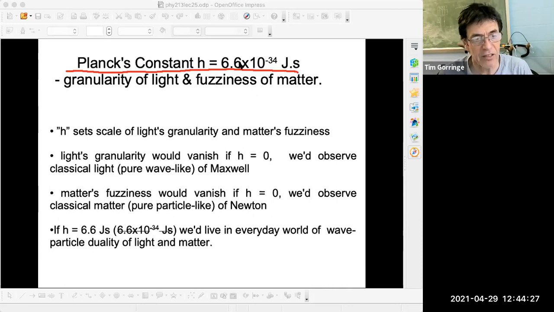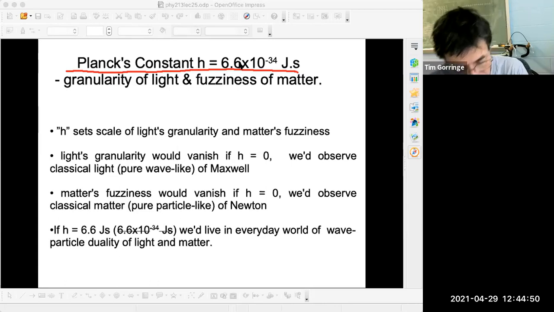And the fuzziness of matter would also vanish. Matter would return to the classical, discrete particles of Newton. So that would be if Planck's constant was 0.